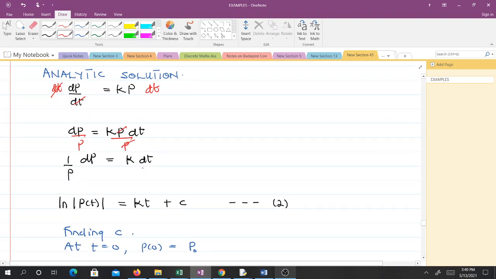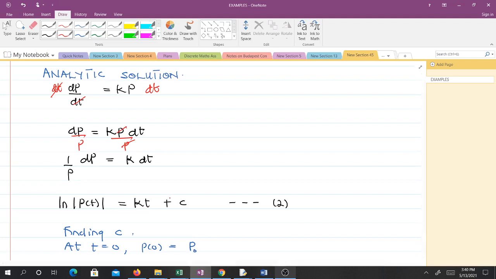Okay, so when we get here, then we can integrate both sides. So when we integrate the left hand side, integrate 1 over P will give us ln P, and P is a function of time t, right? So we get ln P(t). Then when we integrate k with respect to t, we get kt plus our c, which is the constant of integration, right?